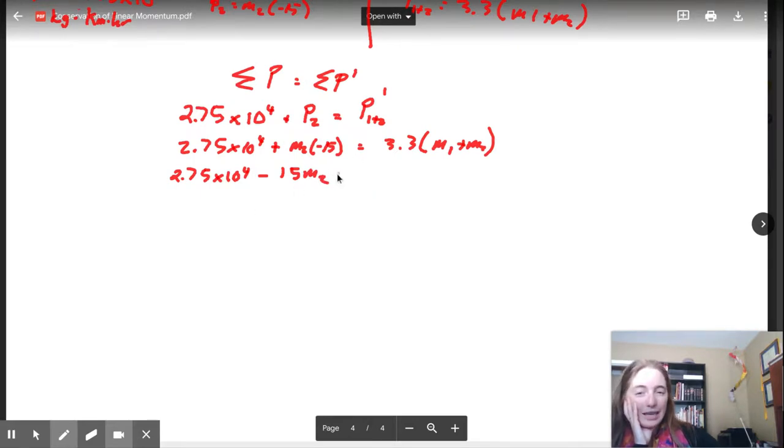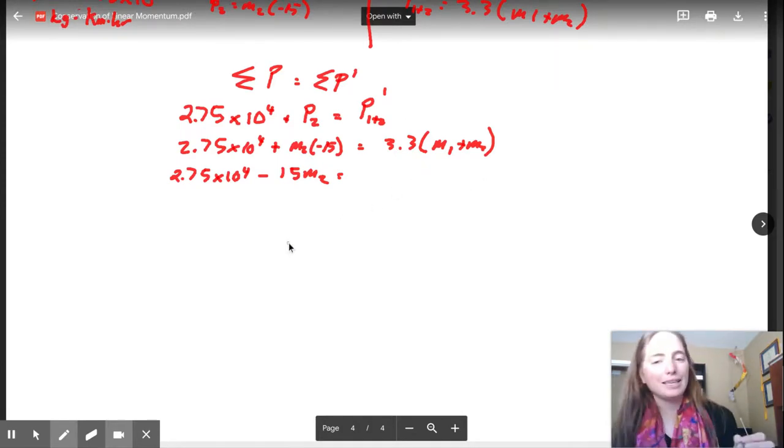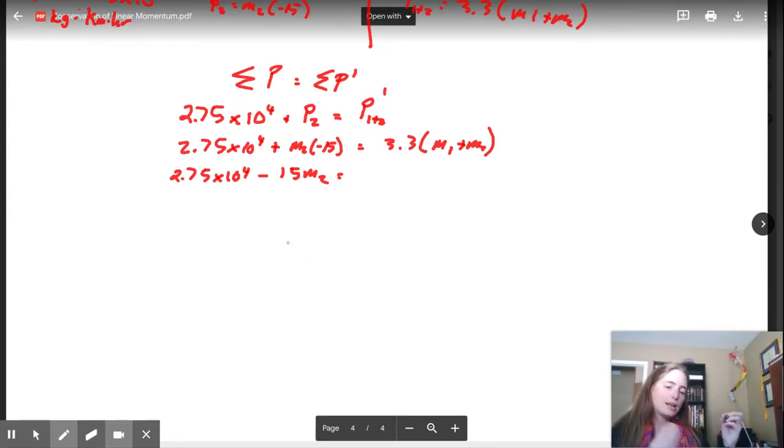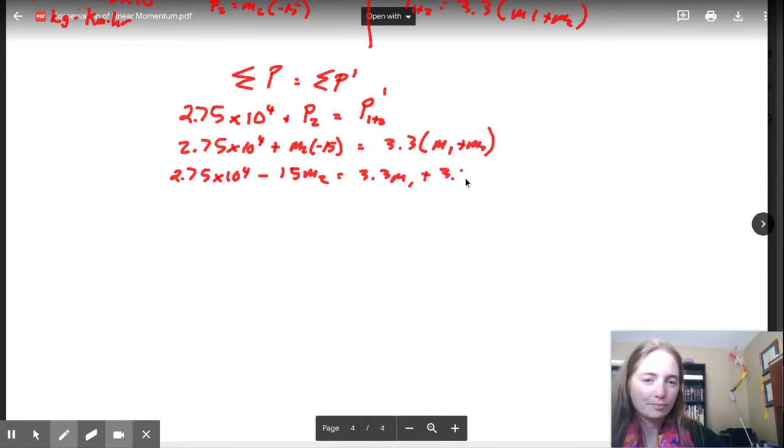That's cleaned that up a bit. I need to deal with my M2s as their own chunk, so I'm going to FOIL that out. So 3.3 times M1 plus 3.3 M2. All right, now we've got something to work with.